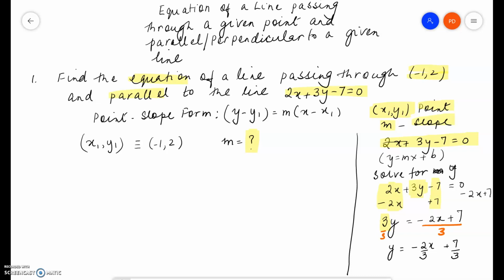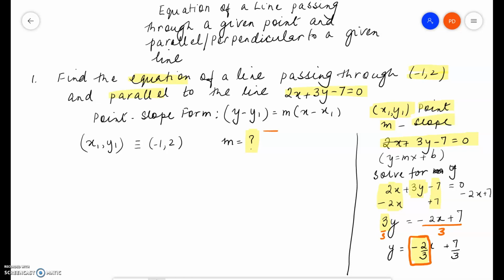Clearly, negative 2/3 is multiplied with x, so negative 2/3 is the slope of this line. The line we are trying to find has the same slope because parallel lines have the same slope.